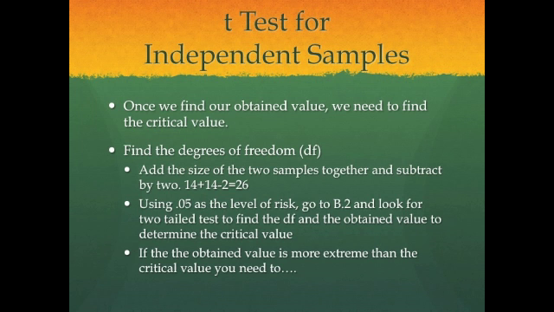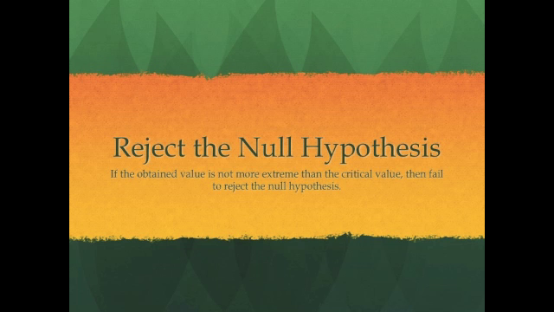And once we find what that critical value is, if our obtained value is more extreme than the critical value, then you need to reject the null hypothesis. So there is a statistically significant difference between the fall risk scores between the two halls.